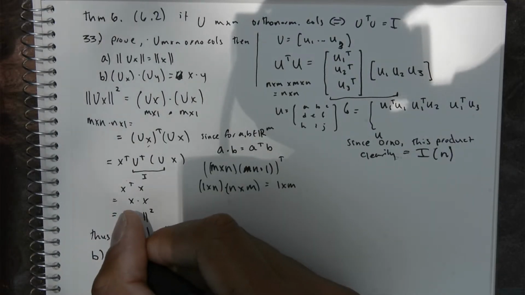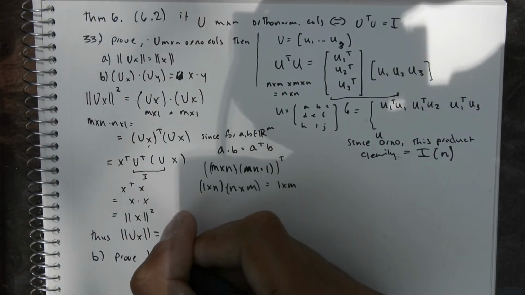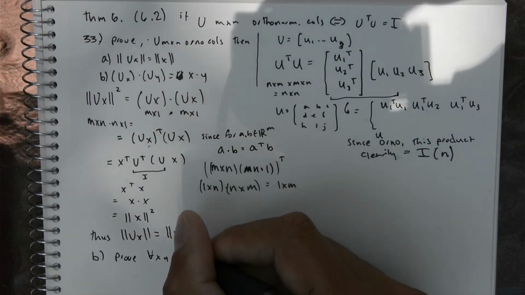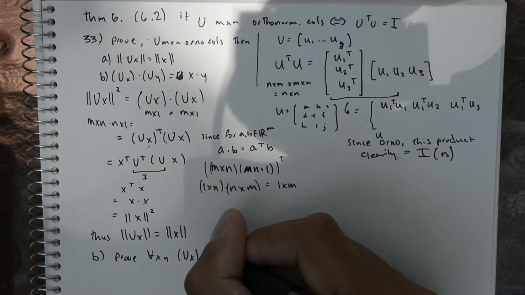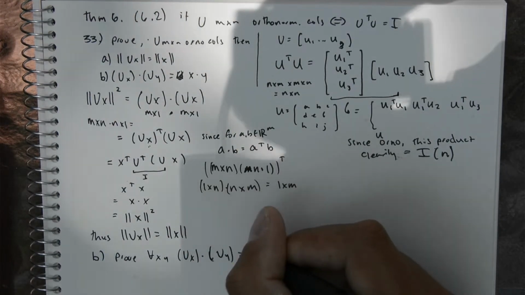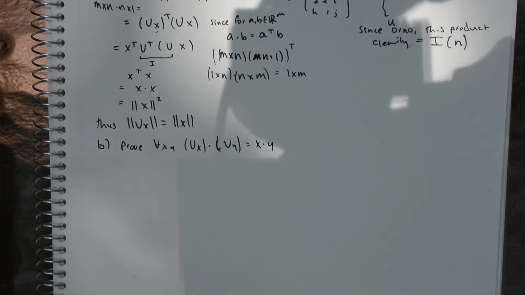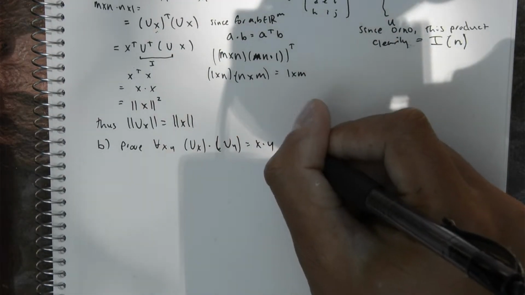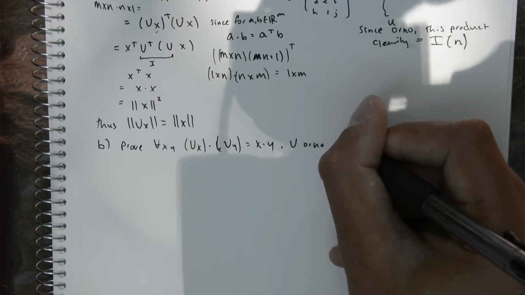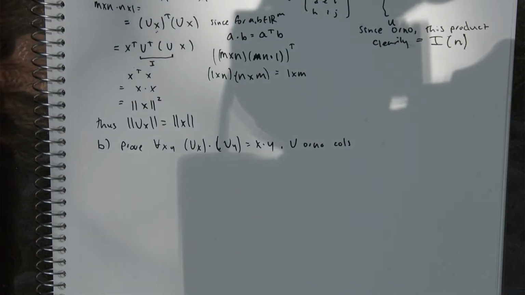Part B, prove for all x, y, u of x dot u of y is equal to x dot y, for u orthonormal, where orno means orthonormal.